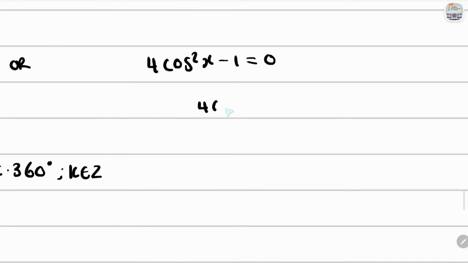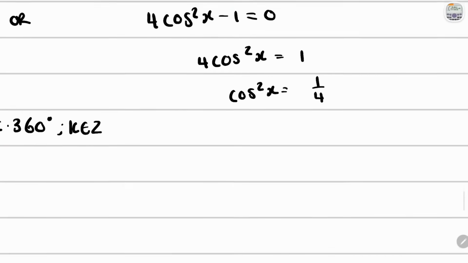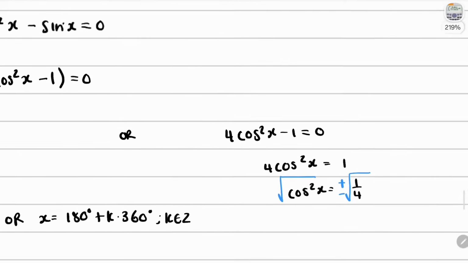So we're saying 4 cos squared x is equal to positive 1. And if we divide both hand sides by 4, we get cos squared x is equal to 1 over 4. Then we have to square root both hand sides because this is cos squared x. When you square root, because this is an equation, we have to consider the positive and the negative solution. But they said something important.